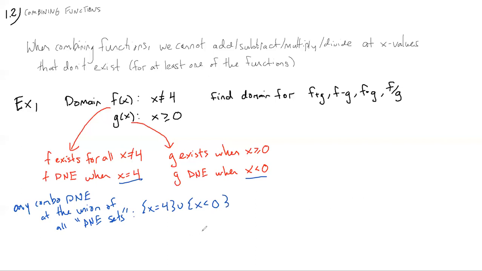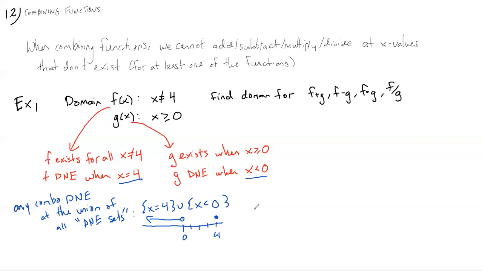If we were to draw that out, we'll see that there's no overlap of these 2 sets. So if I were to write this on a number line, I'd have my less than 0 to the left like that, and then a point at 4. I can't really combine that into one nice clean interval. So this is the region where it completely doesn't exist.